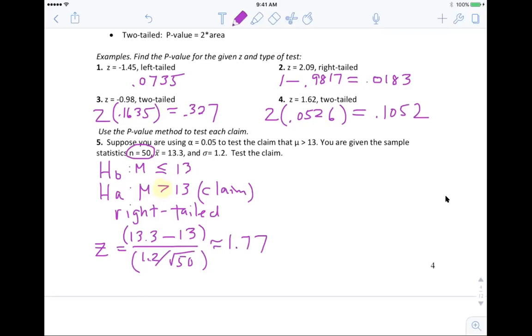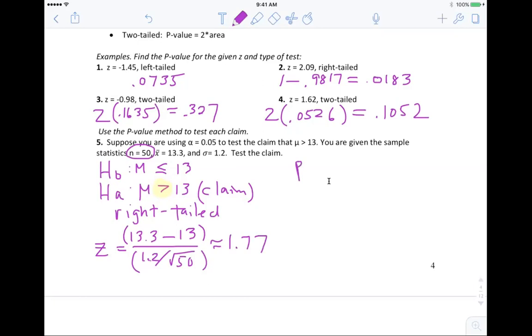Step 4, change that into a p-value, just like we practiced. So this is a right tail test, and z is 1.77. I would pull out the table or use StatCrunch to look up that p-value. I'm going to do the table way. So 1.77, I'm looking it up on my table, is 0.9616.